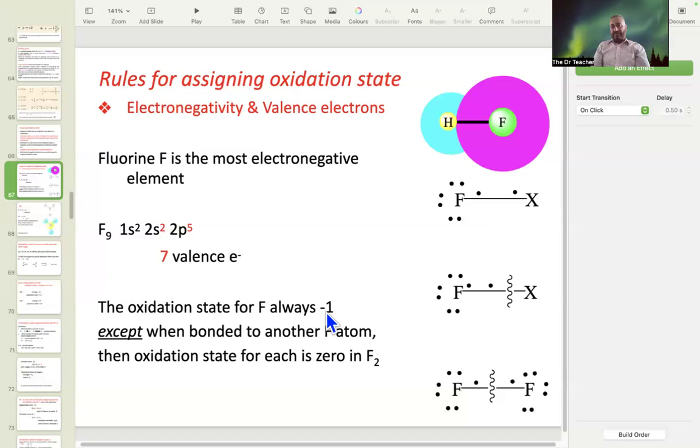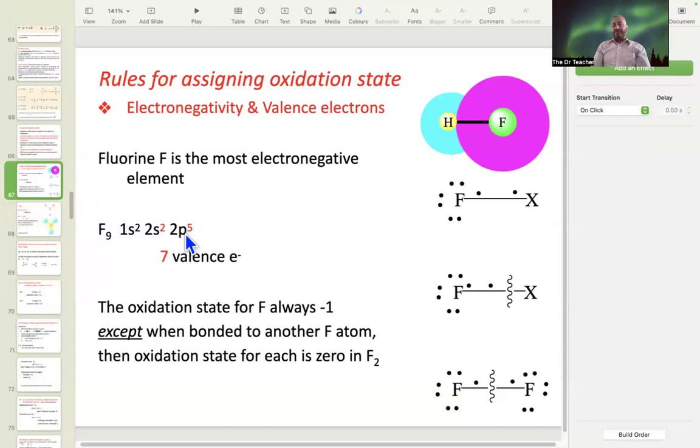Always minus. Why? Because it's taking an electron from the other atom to be beside it, and the fluorine will obey the octet rule, will be more stable. So the fluorine, if you see here, the p orbital is occupied by 5 electrons. So what is the maximum number of electrons p can be occupied by? The maximum is 6.